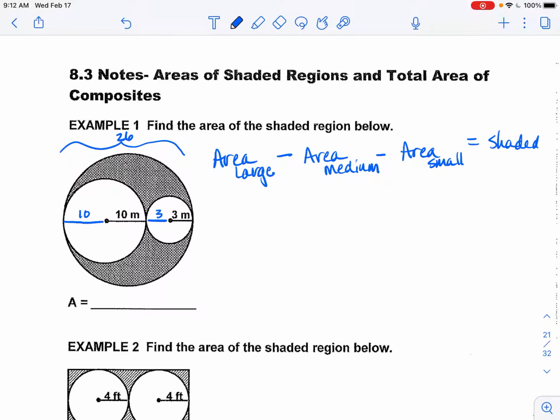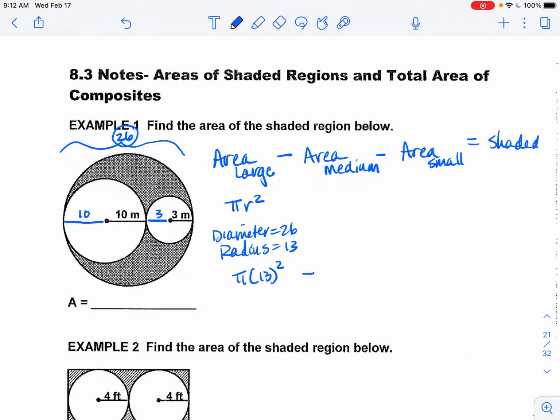The area formula is pi r squared, so I need the radius. If my diameter equals 26, the radius is half of that. So this is pi times 13 squared.